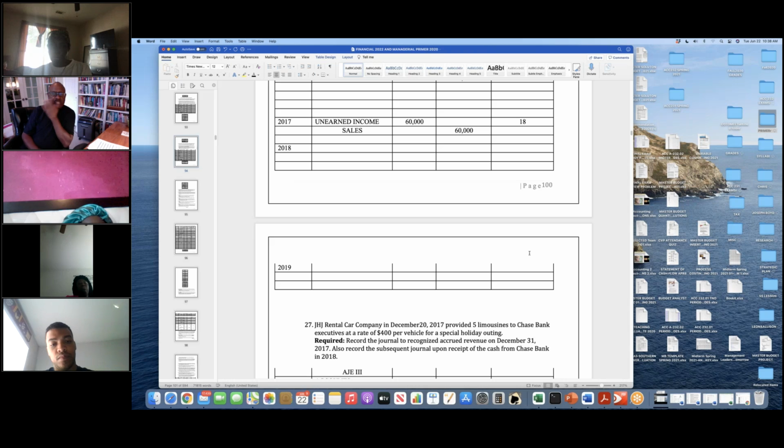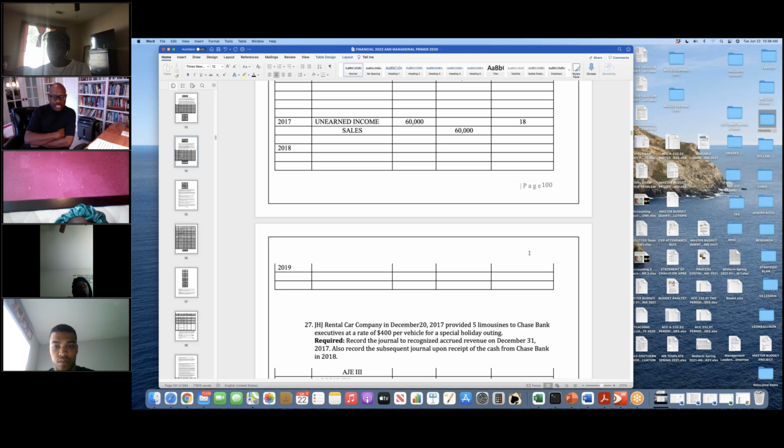J.H.J. Rental Company provides 5 limousines to Chase Bank at the rate of $400 per vehicle for a holiday event in December. They don't pay until the next year.